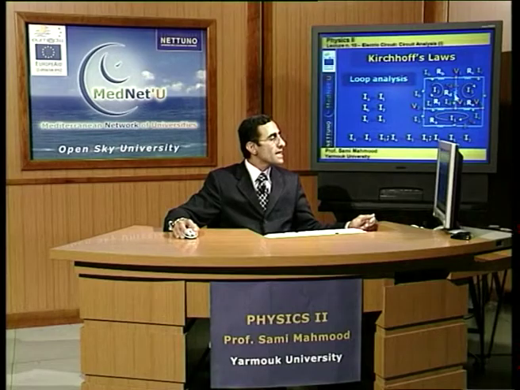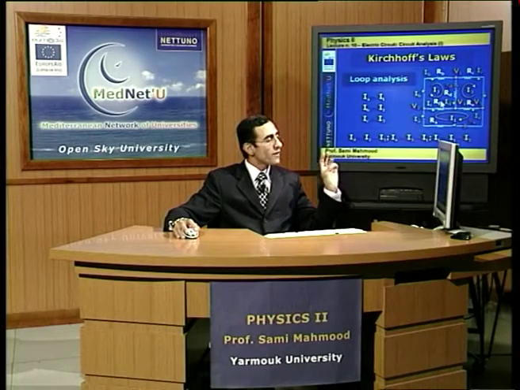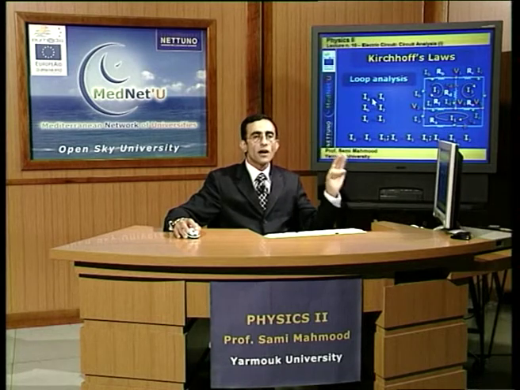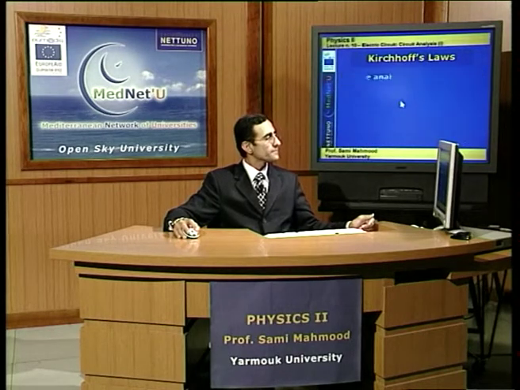And IE is simply I3 minus I1, and IF is equal to I1 minus I2. So from these relations, we have determined the current in each one of the branches. This is a demonstration of the loop analysis.